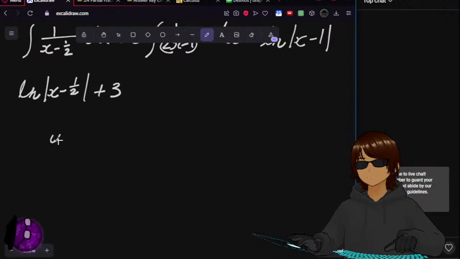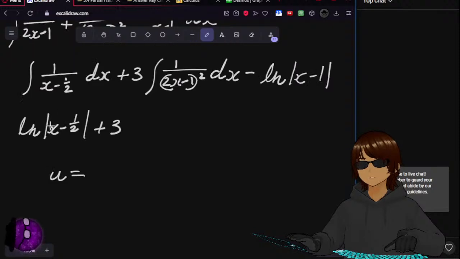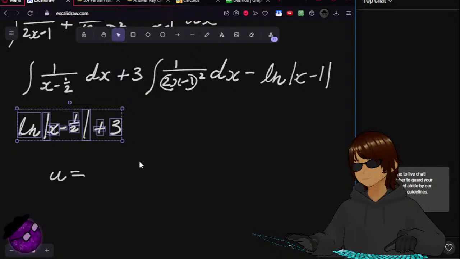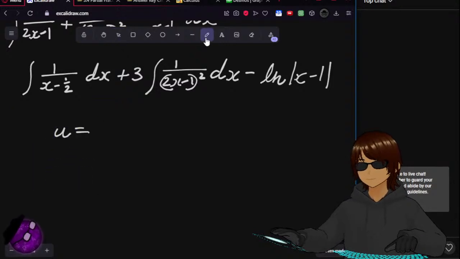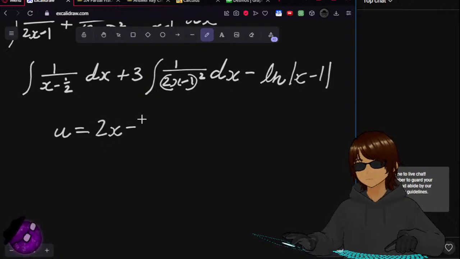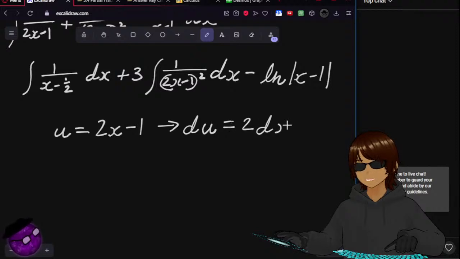Let's say u is equal to, let's remove all this. Which implies du is equal to 2dx.